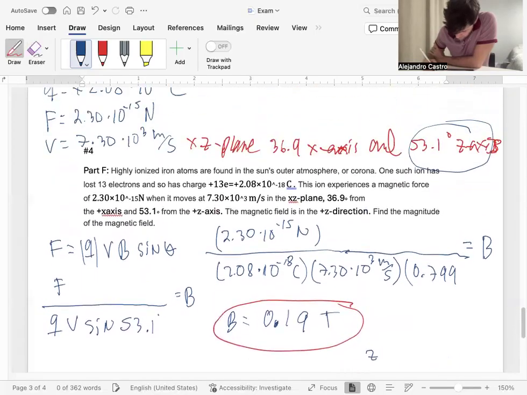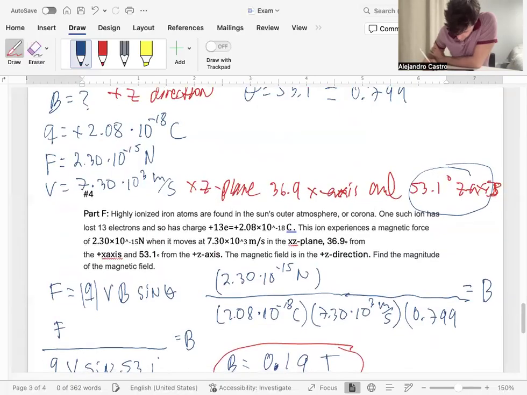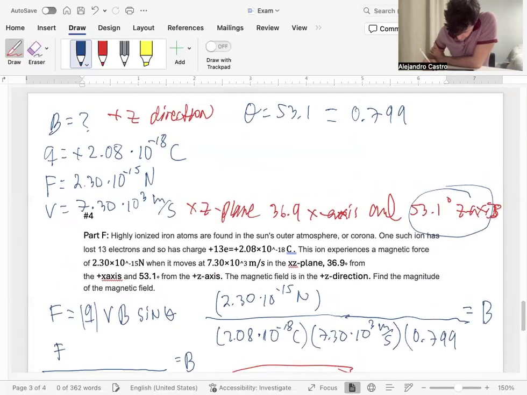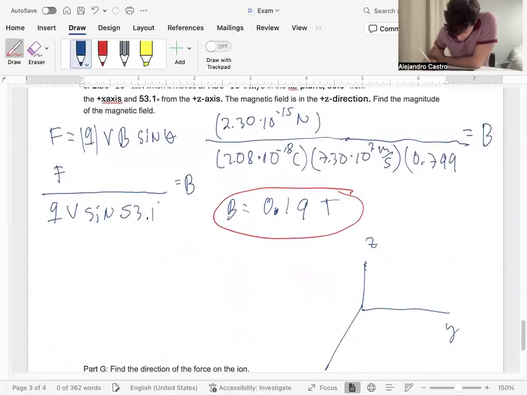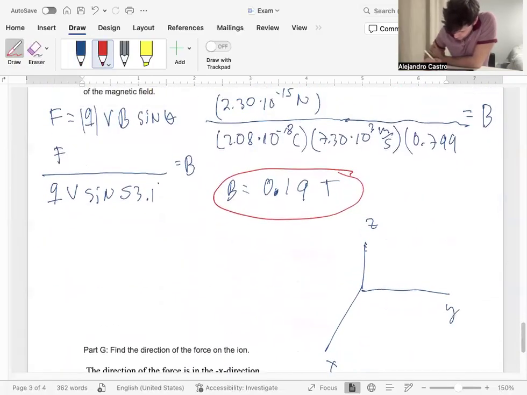Okay, we know it's moving. We know the magnetic field is in z.